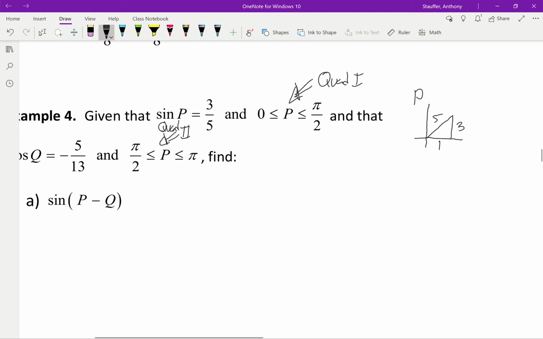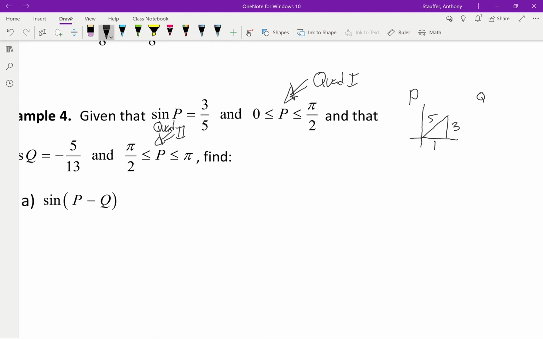For Q, well, Q is in the second quadrant, and I draw my triangle out like this, and cos Q is −5/13, or adjacent over hypotenuse, and then using Pythagoras' theorem, we get 12 there.